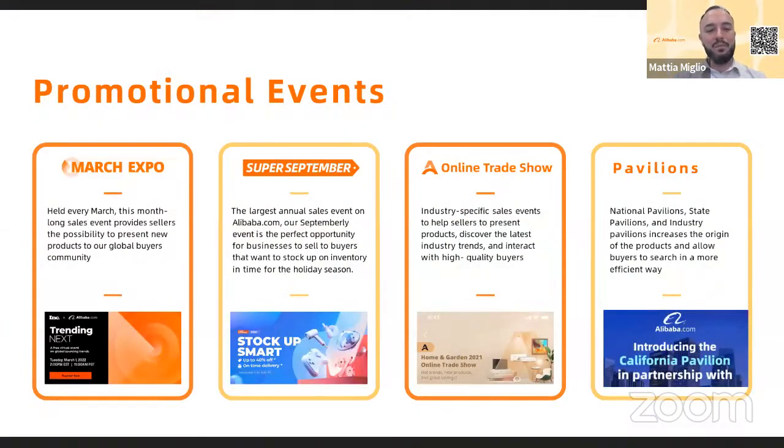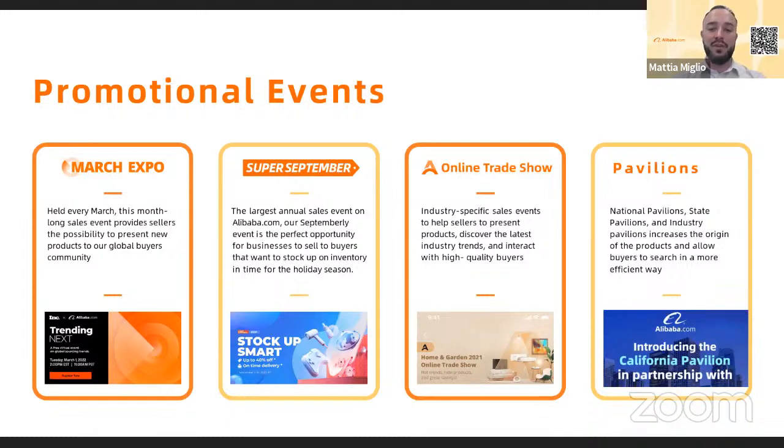On Alibaba.com, we have many promotional events, for example March Expo and Super September. We have Industry Online Trade Show, and we create pavilions that are additional marketing exposure for companies within Alibaba.com. Just to give you an example, there are country pavilions on Alibaba.com.